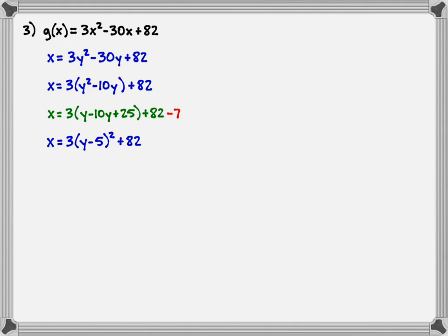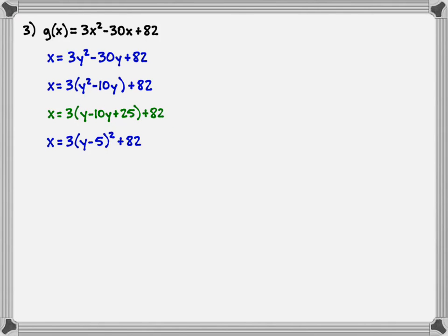Well, let me take a step back there. If I expand all that out, notice there's a plus 25 here that wasn't here before. And in fact, there's even more there because that 25 would have been distributed by the 3. So in all reality, what we did here is we added 75 to our original equation, and we didn't want to add 75 to our original equation. That changes the value.